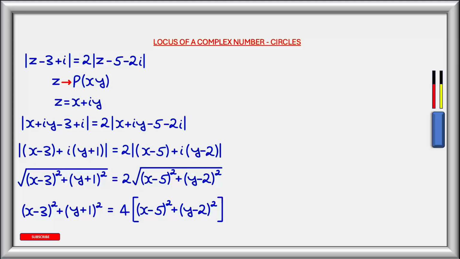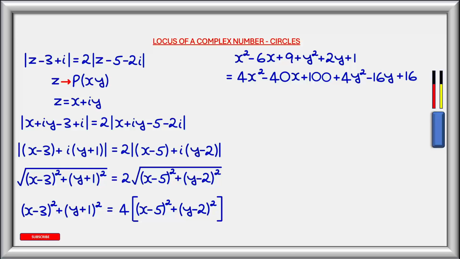And squaring both sides of the equation gives (x minus 3) all squared plus (y plus 1) all squared is equal to 4 into the bracket of (x minus 5) all squared plus (y minus 2) all squared.